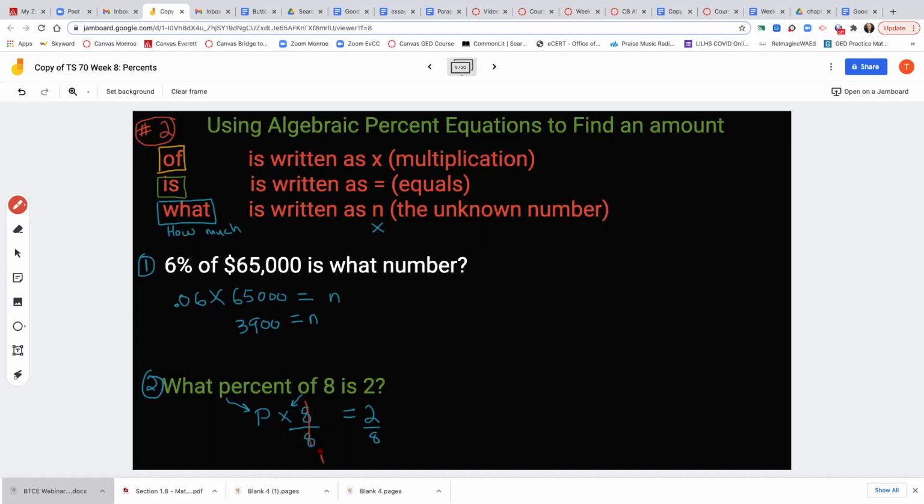So I get P equals 2 over 8, which is 1/4. Now it's asking for a percent. I can convert 1/4 into a percent by dividing 4 into 1, but you guys probably also know that that's 25%. A fourth of something is 25%. So that's just taking the words and putting them into the algebraic equation using the words of, is, and what.